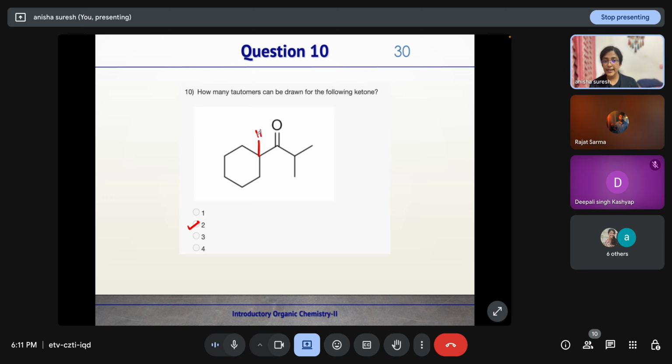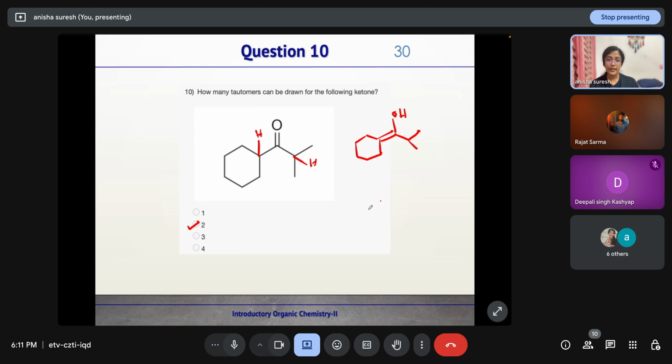So here in this case, 2 alpha hydrogens are present. Abstraction of one of these alpha hydrogens will lead to one enol, and the other alpha hydrogen will lead to the other enol. So two possible tautomers are present.